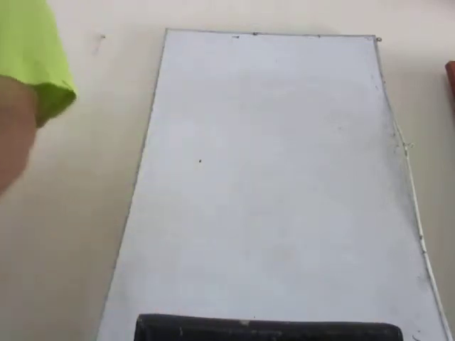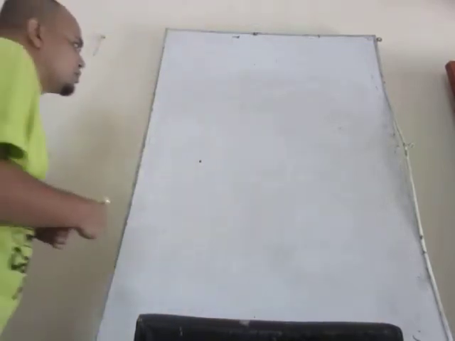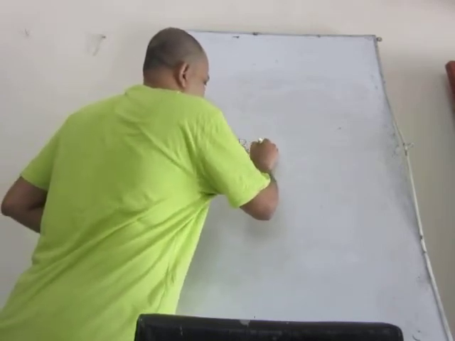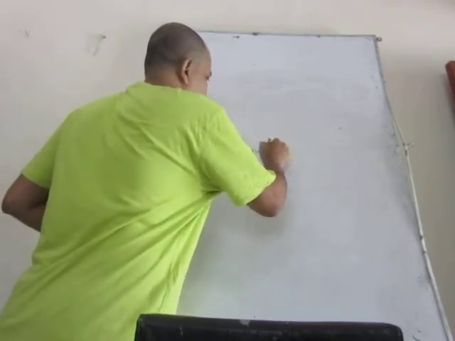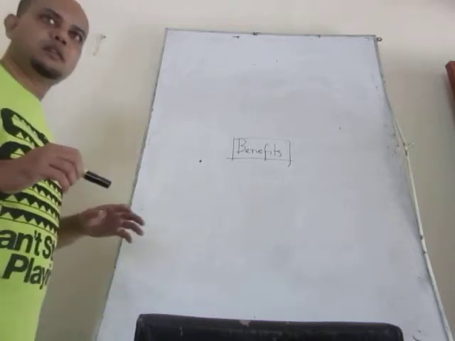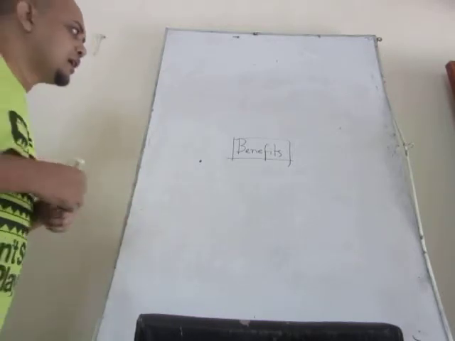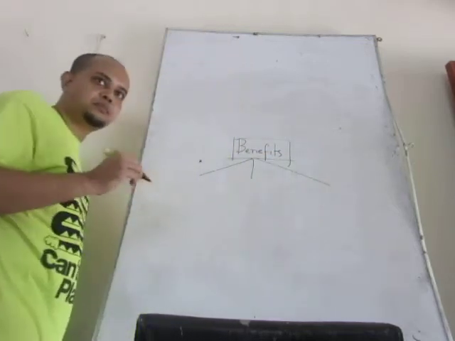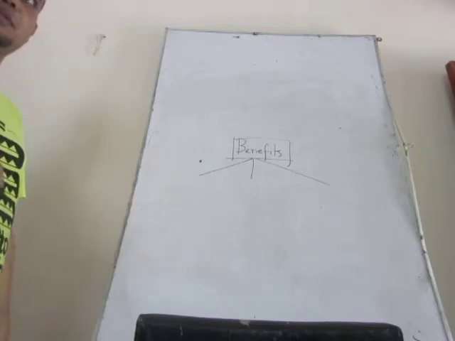Now we need to find out what we mean by benefits. We have discussed that income does not only mean cash, right? Maybe benefit. As a whole, these benefits are divided into three groups. There are three types of benefits.